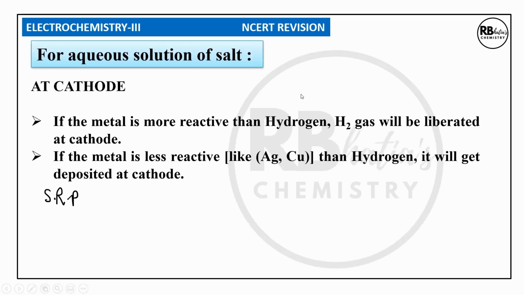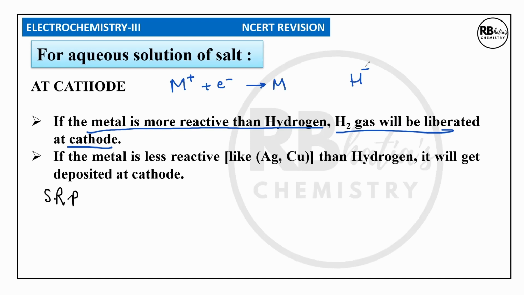Now for aqueous solutions of salts, how do we decide the product? If the metal is more reactive than hydrogen, then hydrogen gas gets liberated at the cathode. For the cathode, there has to be reduction. If it's a metal ion, it undergoes reduction like this. If it is a hydrogen ion, it undergoes reduction like this.